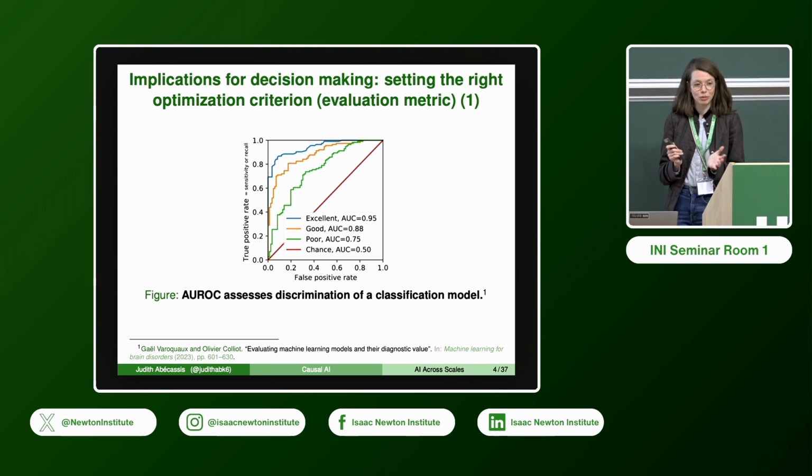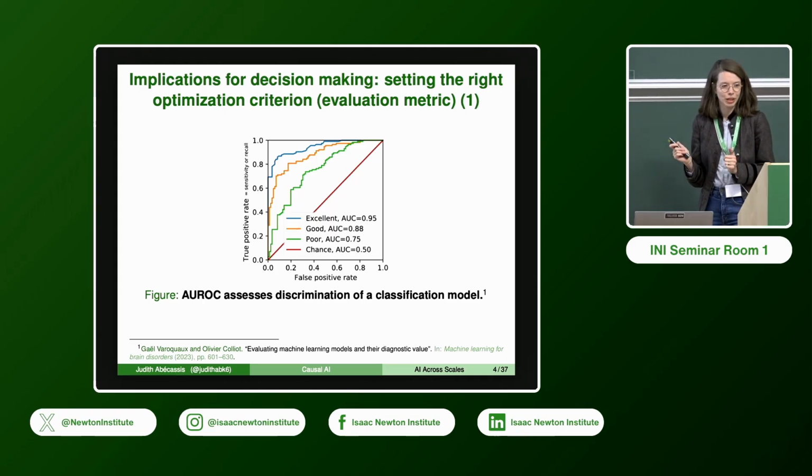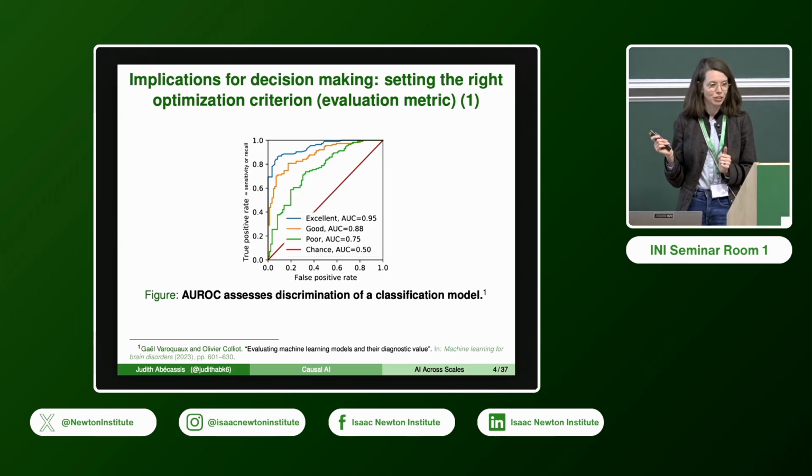It's one metric that is really interesting, and it focuses on whether a model is able to discriminate between two classes. That's the case where we are happy to have a good discrimination.